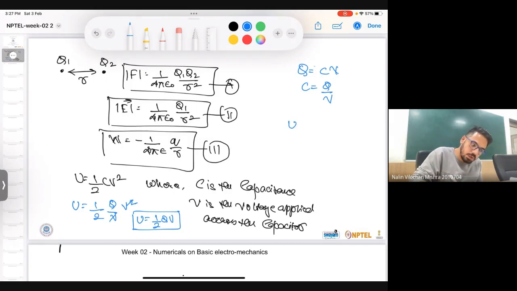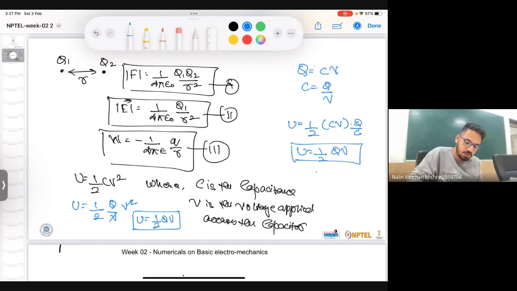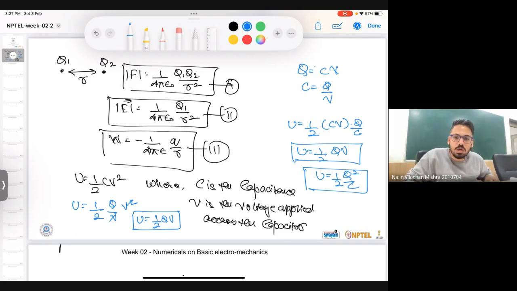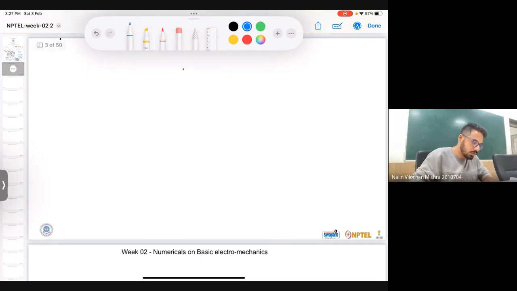Also, U can be written as half CV, and V can be written as Q by C. So U will be half QV, or U will be half Q square by C. So these are the multiple formulas we are going to use for the numerical calculations.